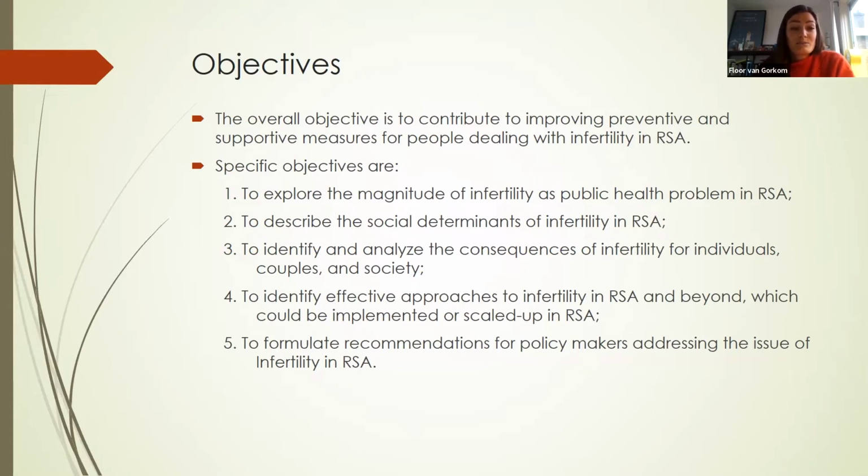More specifically, it aims to explore the magnitude of the infertility problem, to describe the social determinants, to identify and analyze the consequences of infertility for individuals, and to identify effective approaches to infertility in South Africa and beyond, which could be implemented or scaled up in South Africa. And of course, to formulate some recommendations.